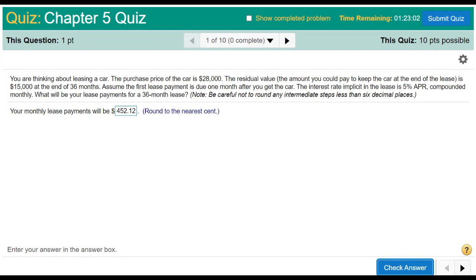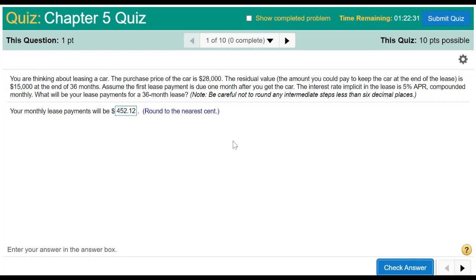Good. Keep those notes, because you're going to see this. The first step is the 28,000, or the purchase price of the car, whatever it is, minus the present value of the residual amount.